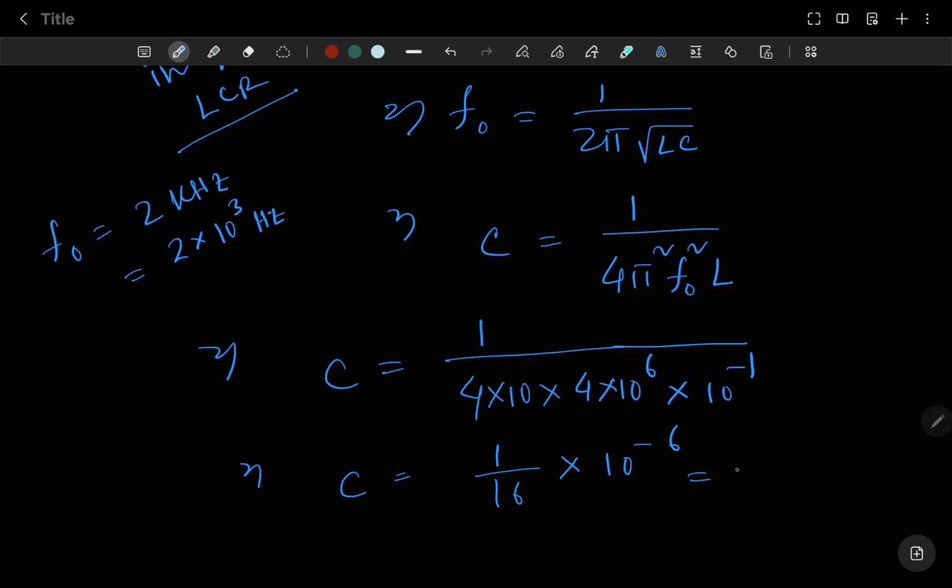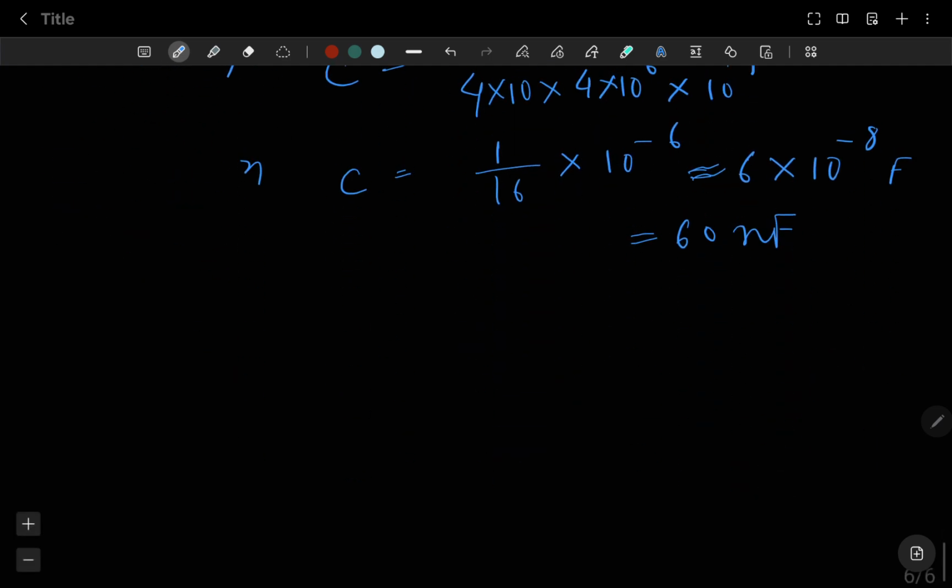So if 1 by 16 is 0.06, or 6 into 10 to the power minus 2, that is 6 into 10 to the power minus 8 farad nearly. So it will be 60 nanofarad.